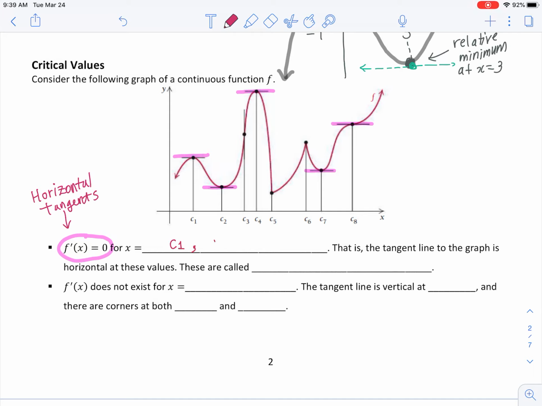So let me write those down. At C1, at C2, C4, and C7, and C8. That is, the tangent line to the graph is horizontal at these values. These are called, guys, critical values, okay?